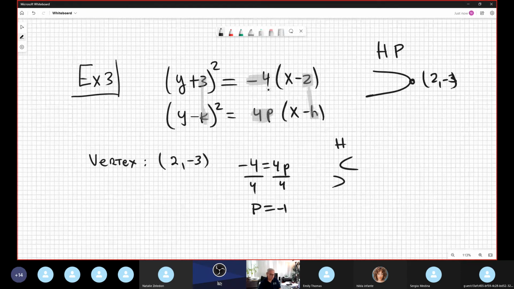So I need to determine the focus, and I need to determine the endpoints of the focal diameter. Okay, two things. I prefer using the Desmos graphing tool because the time is almost over.